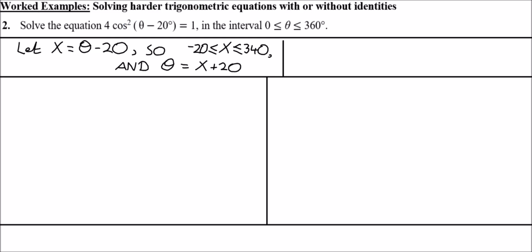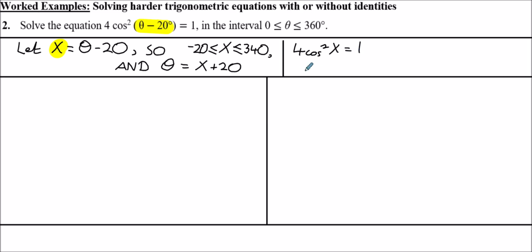Now we're letting big X equal theta minus 20. So I'm going to substitute this in with big X. So this now becomes 4 lots of cos x all squared. So 4 cos squared x equals 1.